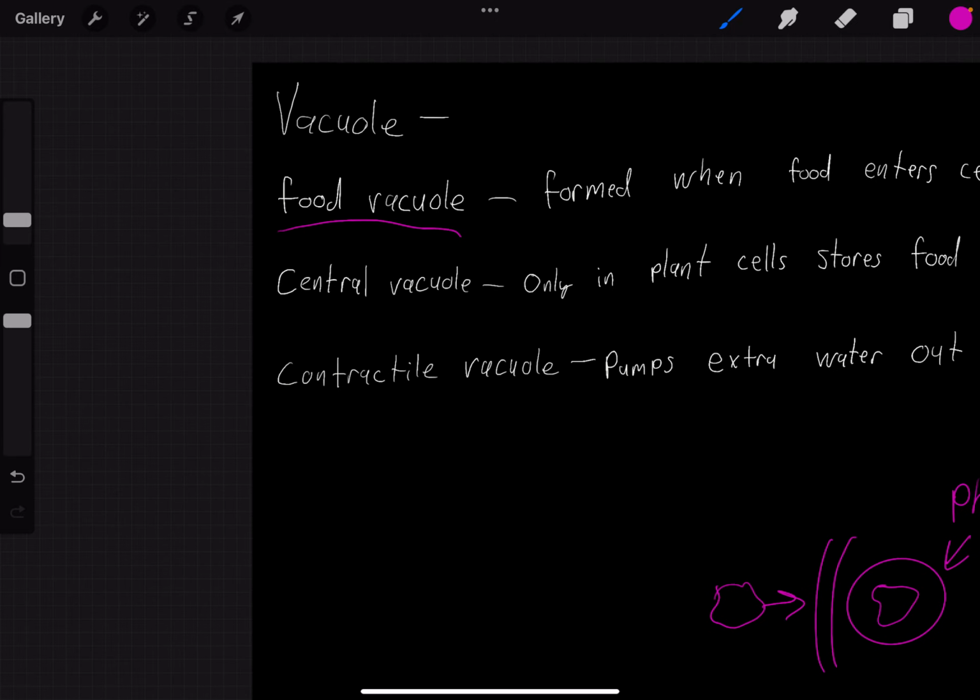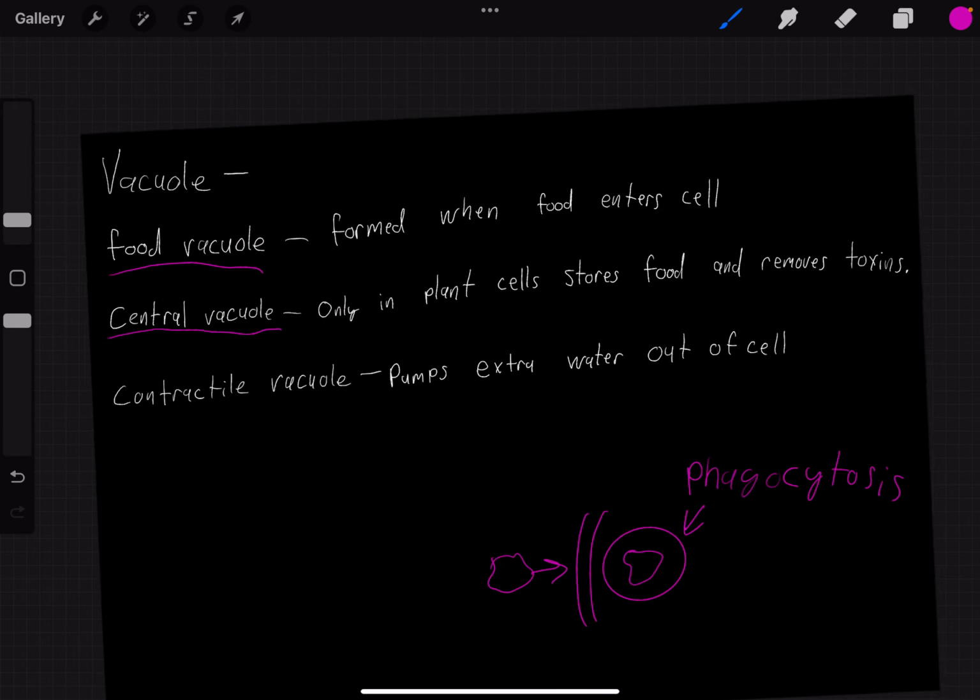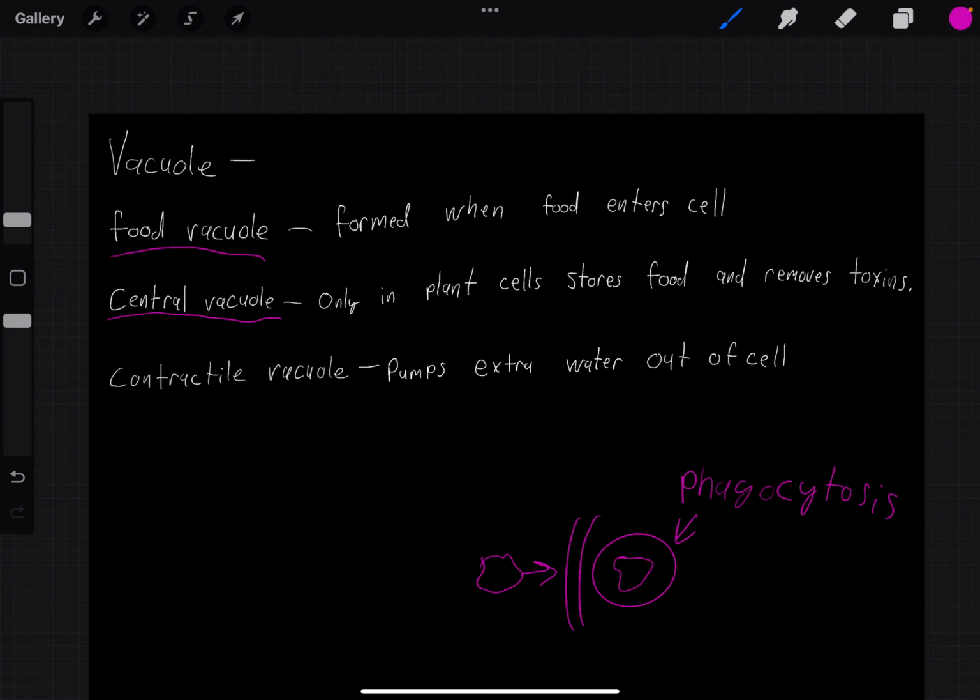Another main vacuole that we'll be talking about is the central vacuole, which is usually in mature plants. Only in plants. The main purpose of the central vacuole is to store food and sugars and stuff, and it removes toxins. So really important in plant cells.